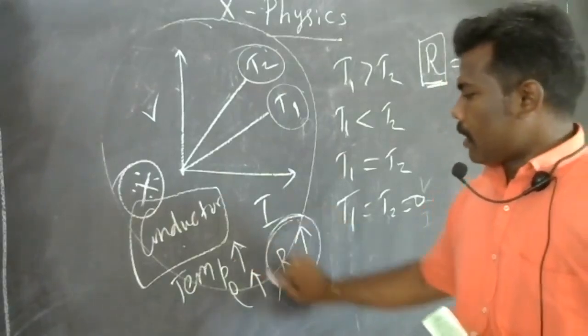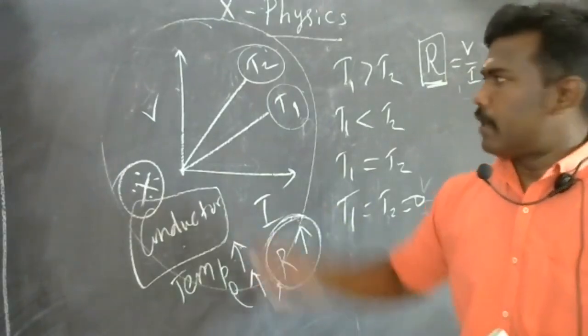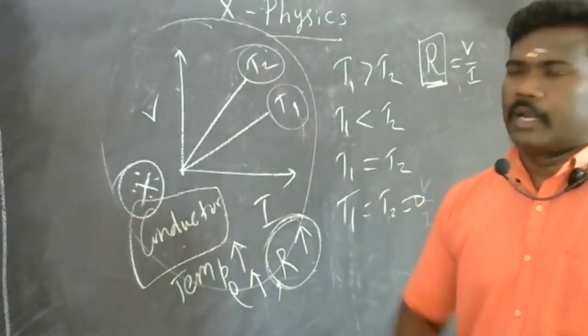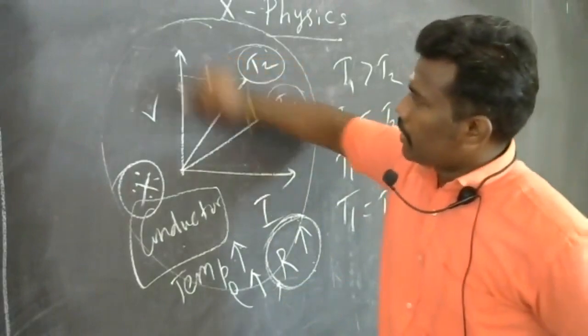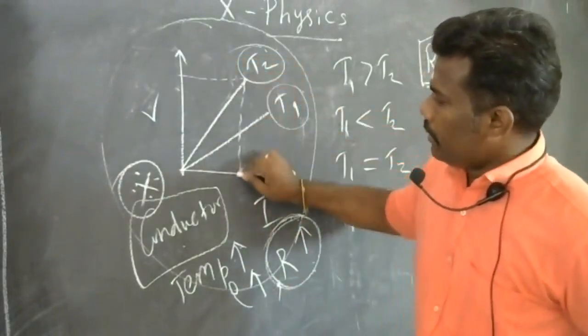So first of all, you calculate the value of R for two different temperatures. In the same way, you draw V here and I here.